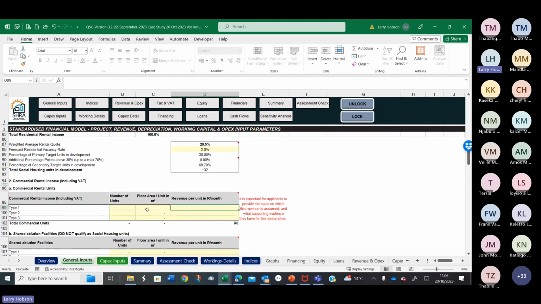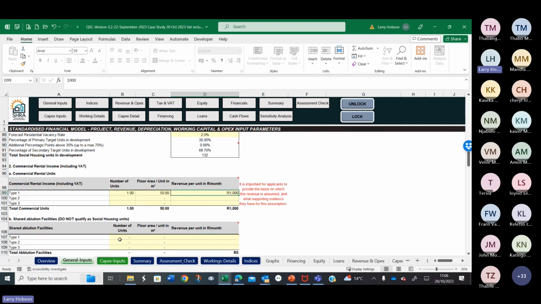Commercial rent, if we were earning any commercial rent, we would enter those in years. So we might have 1 unit, there might be a shop, it might be a 50 square meter shop, and we might be earning 1,000 rand per month from the shop. Right. Shared ablution facilities do not qualify as social housing units.